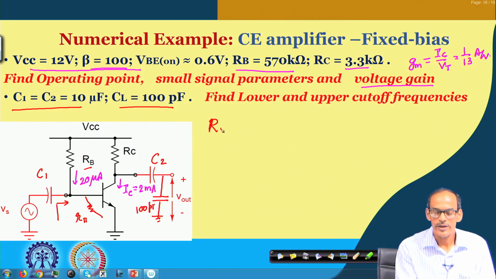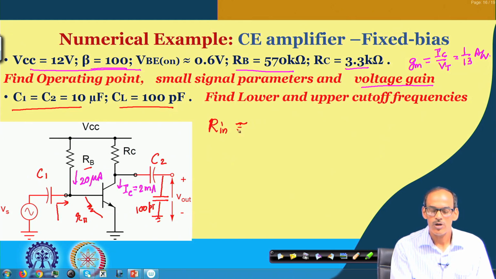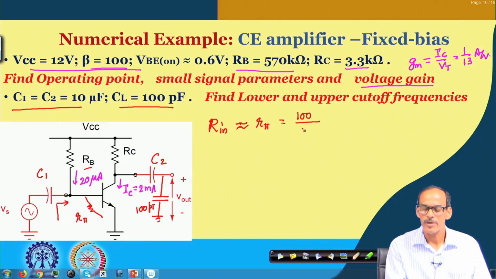So, I should say R in equals, for all practical purposes, R pi, which is beta divided by GM.